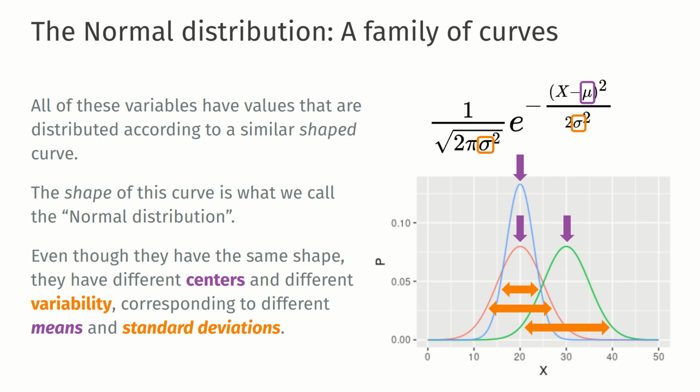And the spread is described in terms of the standard deviation. The blue distribution has the smallest standard deviation. It's the narrowest distribution, even though it has the same mean as the red distribution, which is wider. But the red and green distributions have the same standard deviation, so they've got the same degree of spread.